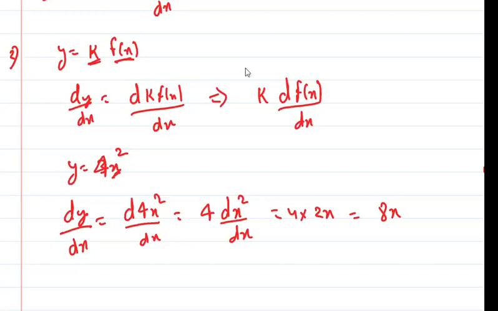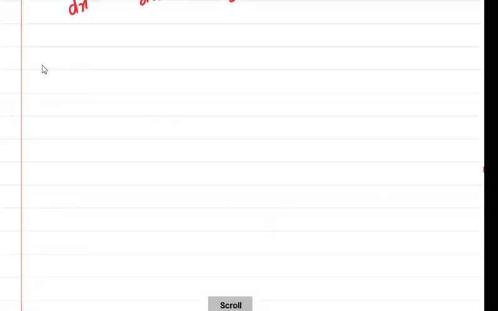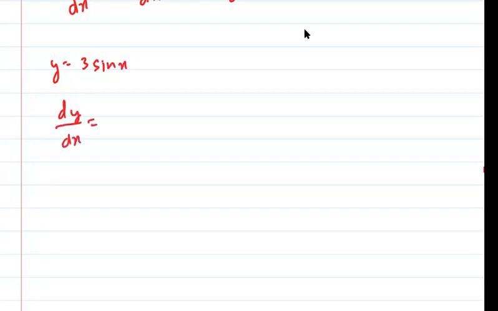ठीक है, नेक्स्ट एक और क्वेश्चन करते हैं हम लोग. सपोज आई एम हैविंग y is equal to 3 sin x. बताओ dy by dx कितना होगा? Tell me what is dy by dx? Yes, very good everyone. So 3 यहाँ पे रह जाएगा ऐसे ही, डिफरेंशिएशन हो सिर्फ sin x का.